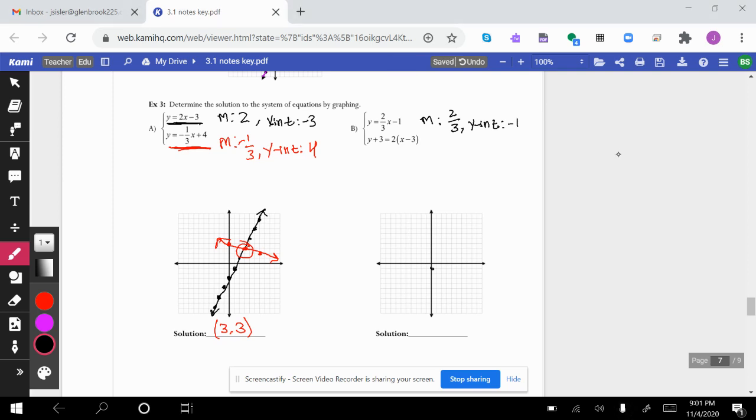So I'm going to plot my point at -1, and then walk my slope up 2 over 3, and then down 2 over 3. And then we can just connect them.